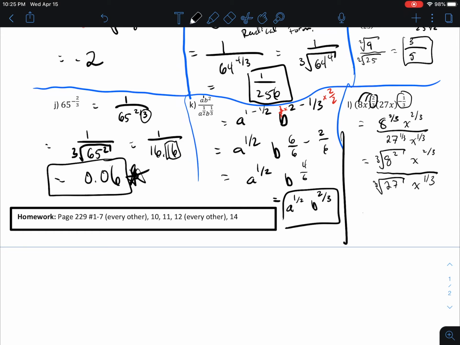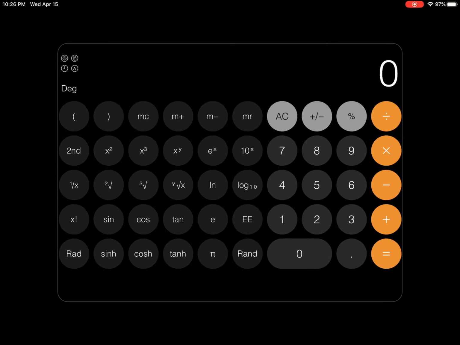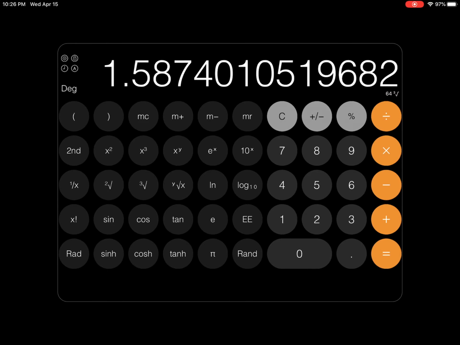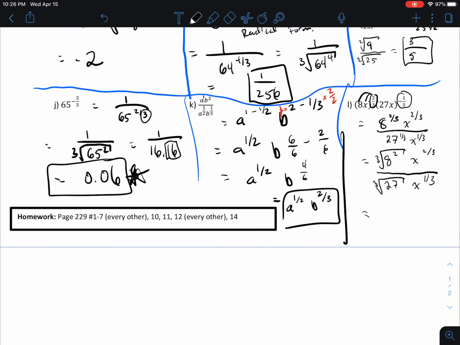Okay, and I'll deal with the numbers here first. I'll probably continue down on the next page here. But 8 squared is going to be 64, right? And then the cubed root of 64 we saw earlier, right? So what I've done is 8 times 8, that's 64.